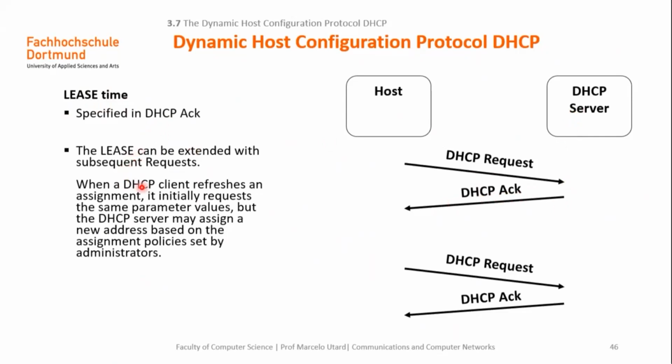When a DHCP client refreshes an assignment, it initially requests the same parameter values, but the DHCP server may assign a new address based on the assignment policy set by administrators.